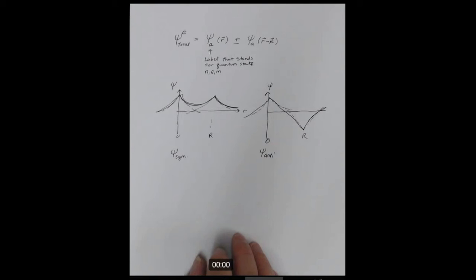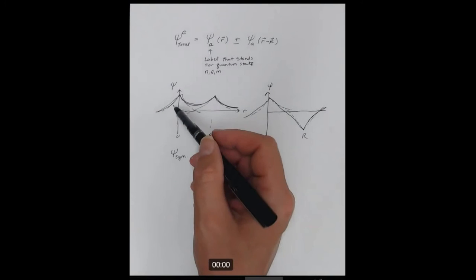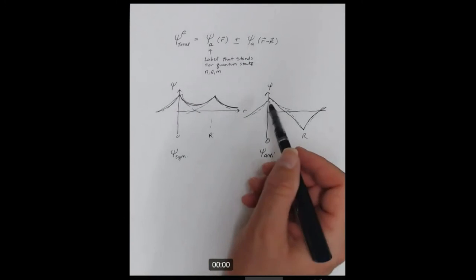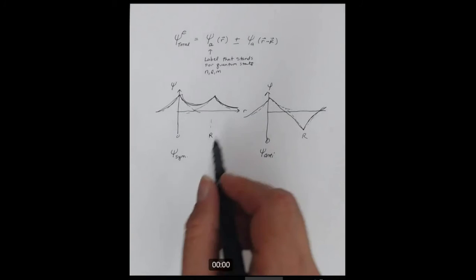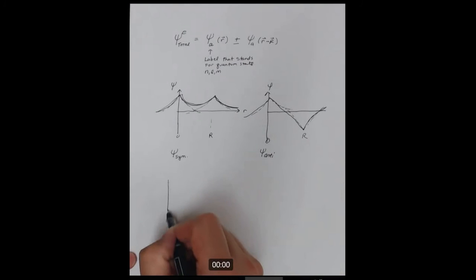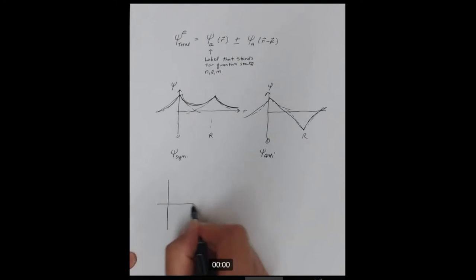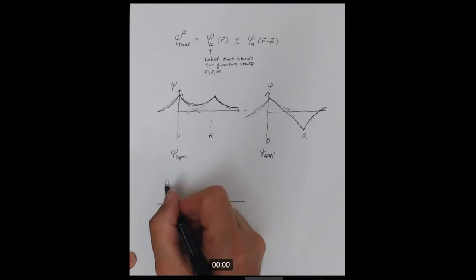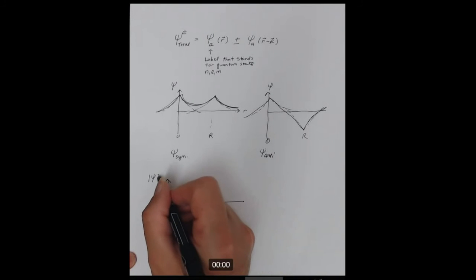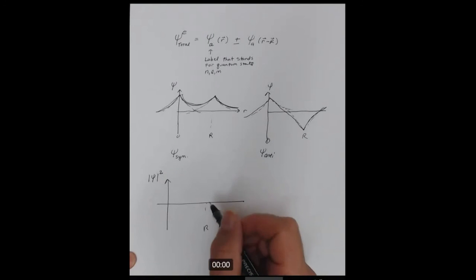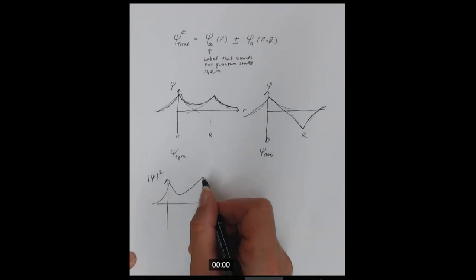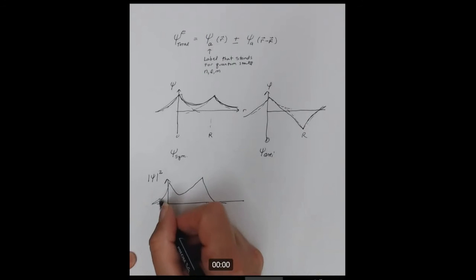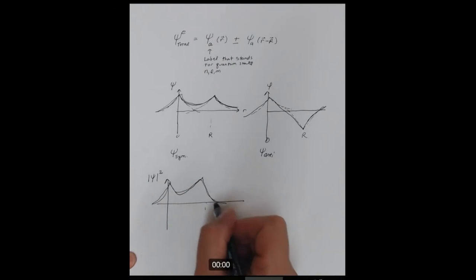Now, one of the things that is important about the wave function is the square of the wave function, because that tells us the probability density. So if you look at the symmetric case, and here's the square of the wave function, what might that look like? You might expect it to look something like this. Get the idea?